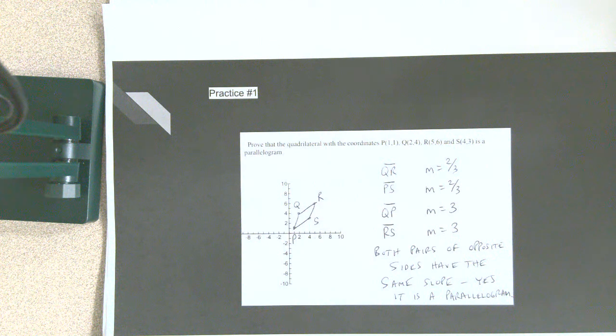Does the slope in this case tell us anything about the diagonals bisecting each other? It does not. It's just telling us that the lines are parallel because they have the same slope. So being able to make your statement and your conclusion is probably the most important part of these problems, aside from you finding the slopes.